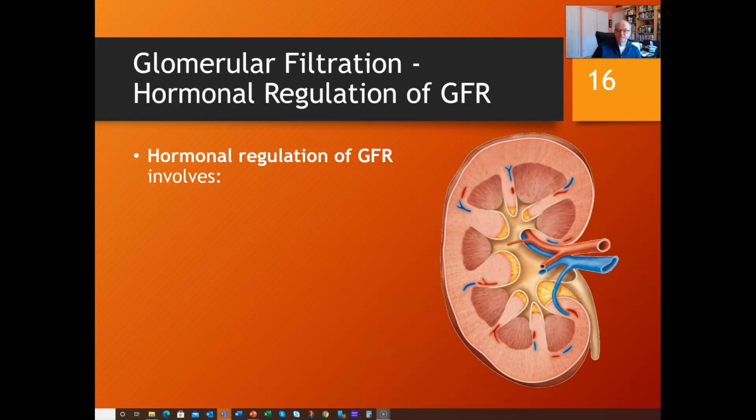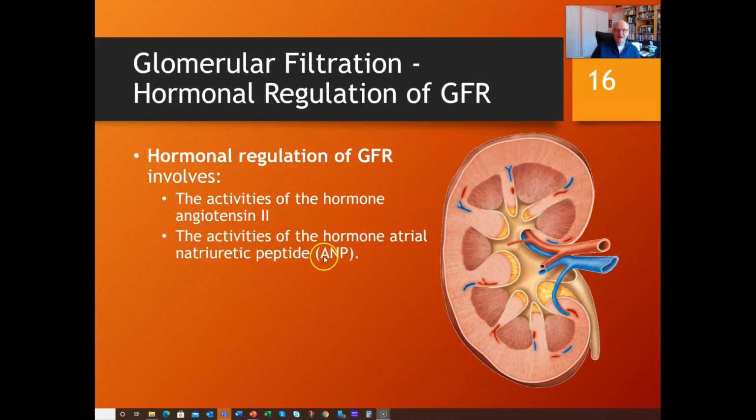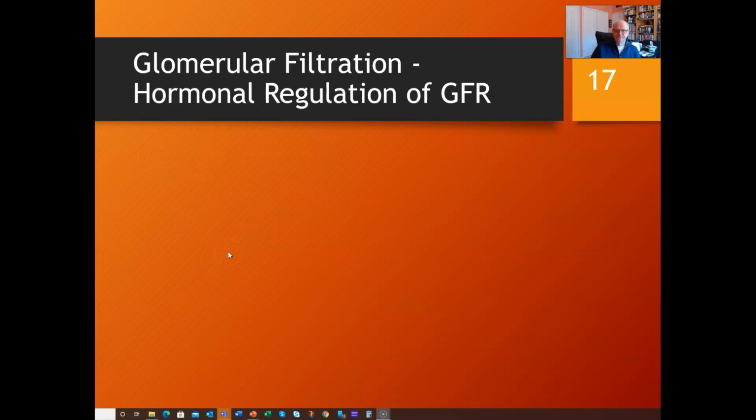Okay. So hormonal regulation involves the activities of the hormone angiotensin II and the activities of the hormone atrial natriuretic peptide, ANP. Okay, so we'll see how they work. Angiotensin II. Sounds like a sequel.